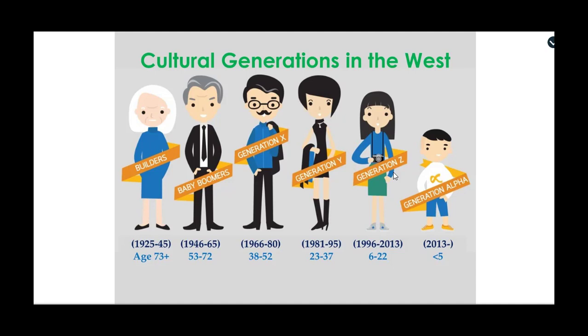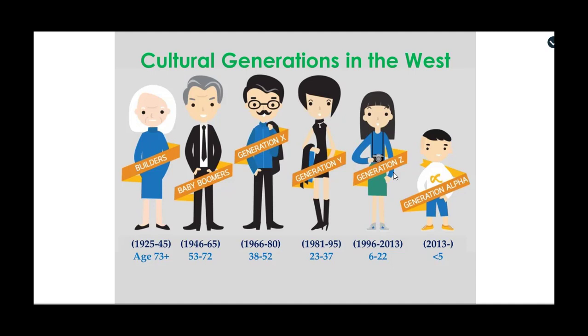Internet was invented and computers became very popular, smartphones were introduced, and personal computers were available at many of the homes, and personal internet connection, mobile internet connection, apps. So a lot of things happened between 1996 and 2013.